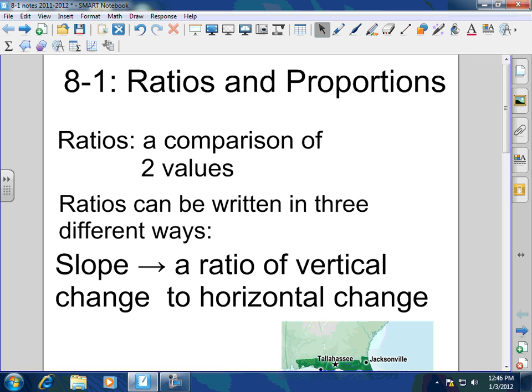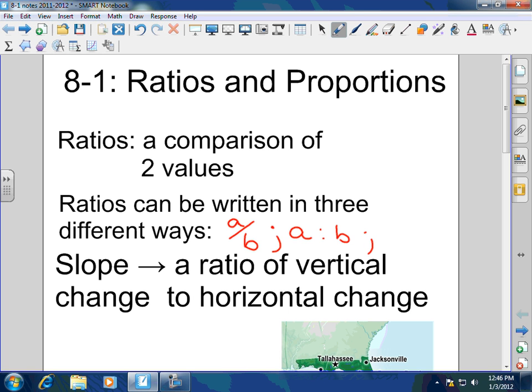Ratios can be written in 3 different ways. Does anyone remember the 3 ways that you can write a ratio? As a fraction, one person says, yes. So I have A over B. You can also do A colon B, correct?